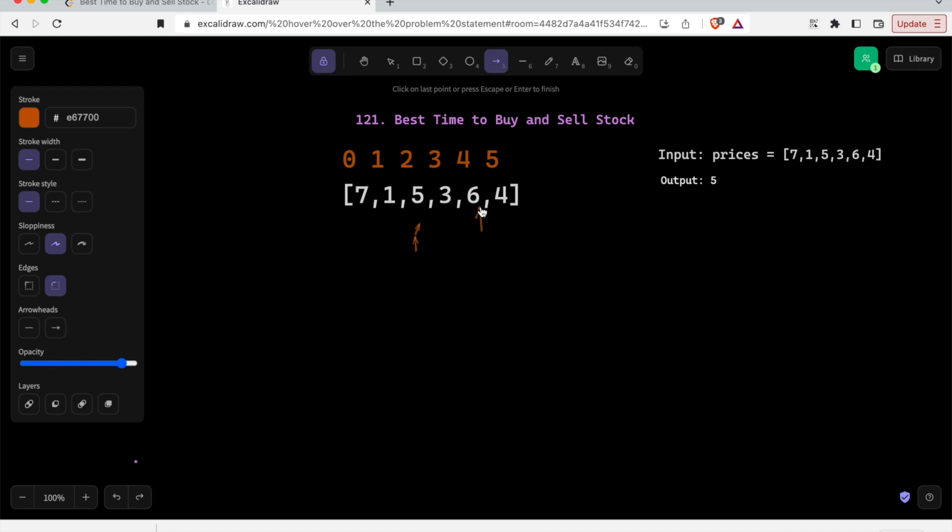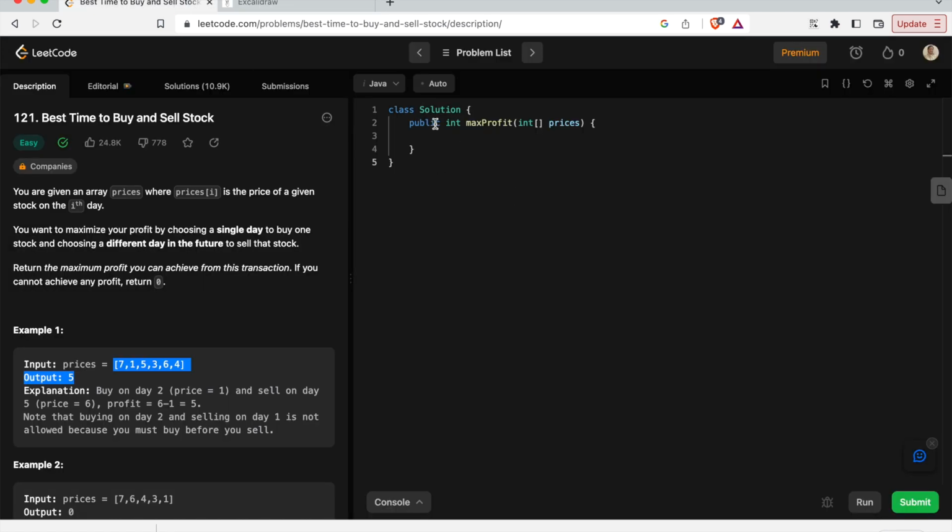I am getting 1 at the first index. So I have bought the stock at the price of 1 and I am selling at the price of 6, so the maximum profit I will get is 5. So what I'll have to do is maintain one minimum pointer while doing the iteration. Now let's see how we can code the same.